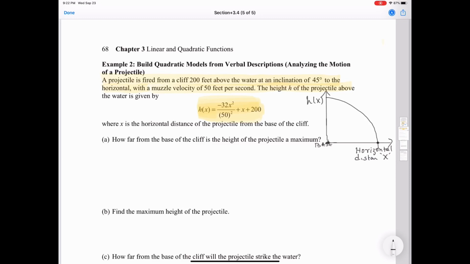So the first question is asking how far from the base of the cliff is the height of the projectile maximum. It's asking for the x distance for which the projectile height is the maximum.